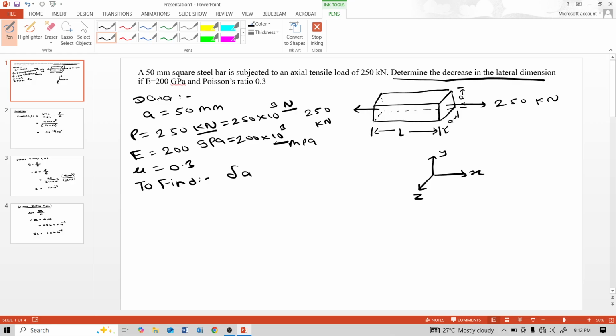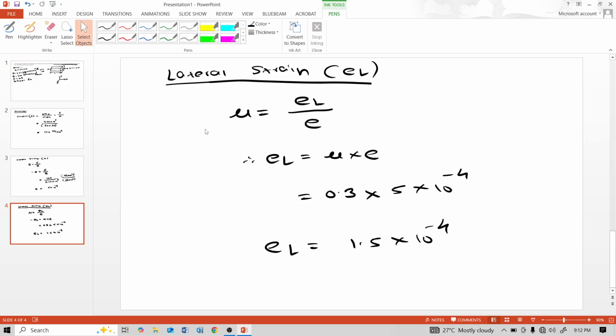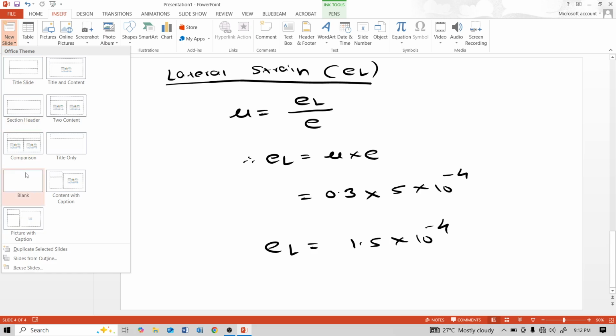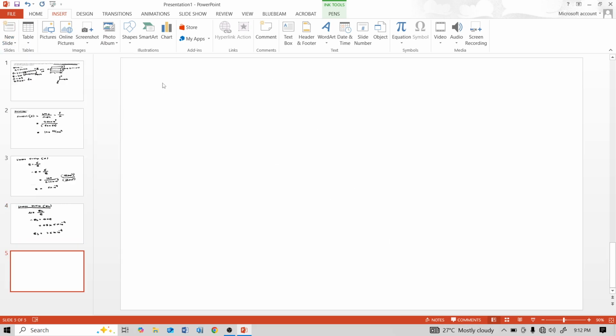Strain is change in length upon original length, and lateral strain is change in lateral dimension to the original dimension.